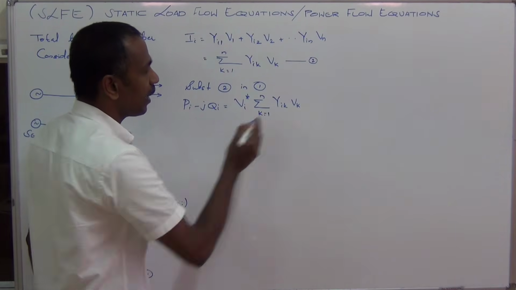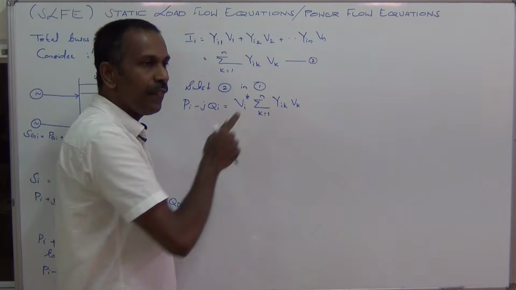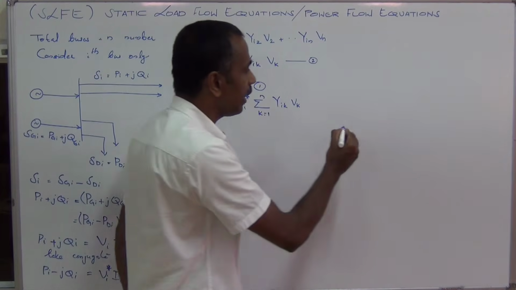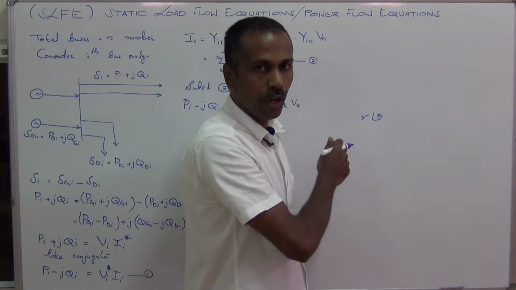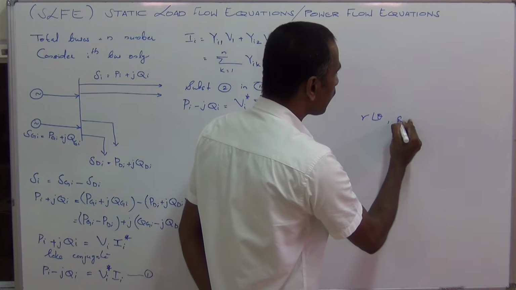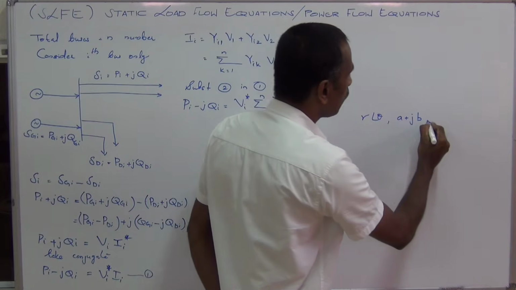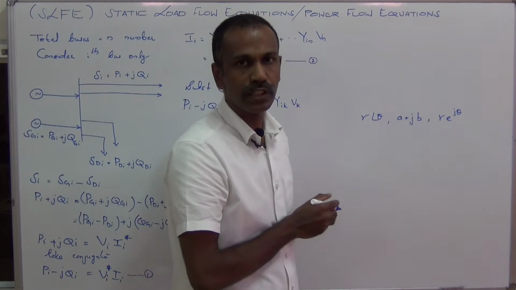Yik Vk. As you know, this Vi, Yik and Vk, these are all vectors. These vectors can be represented in r theta form, the polar form, or in the a plus jb form, the rectangular form, or in the r e raised to j theta, the exponential form.